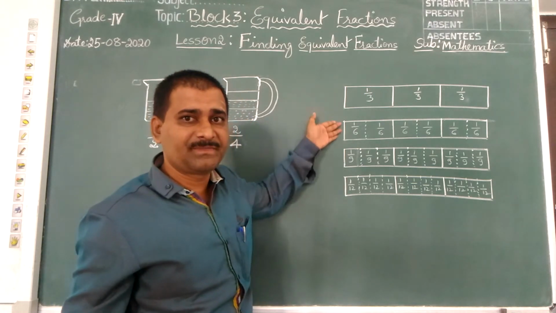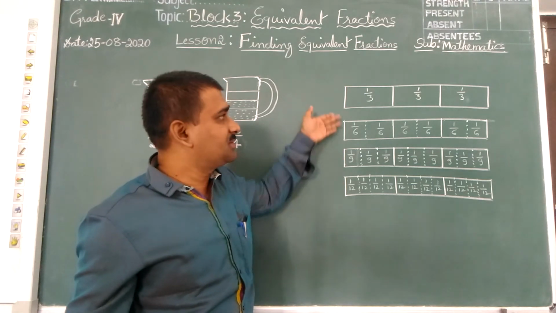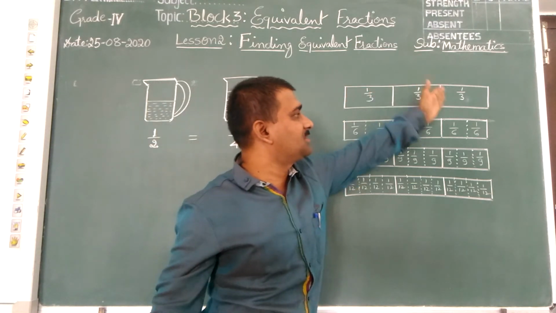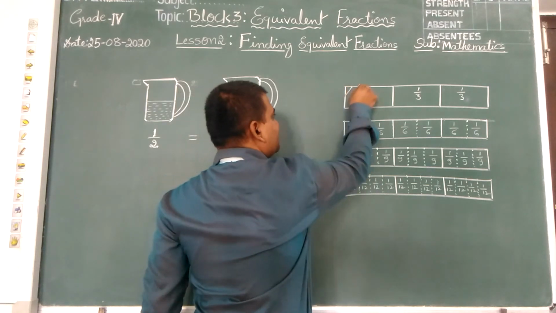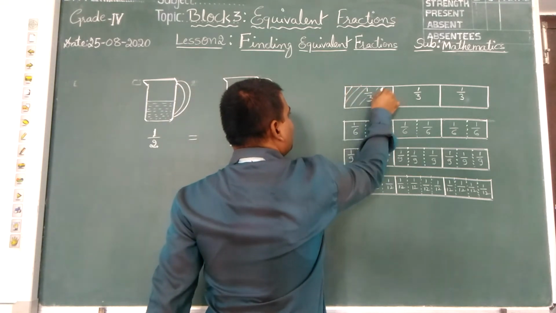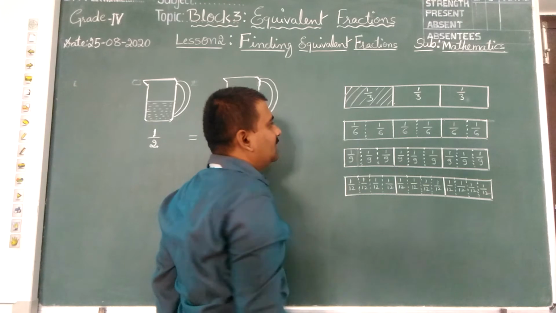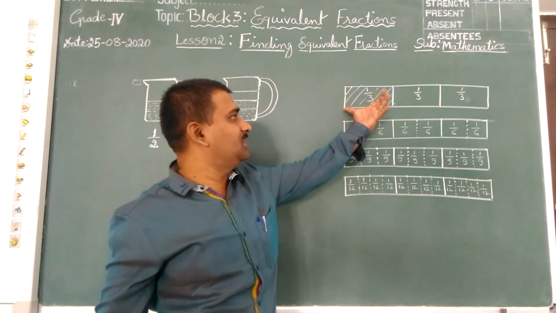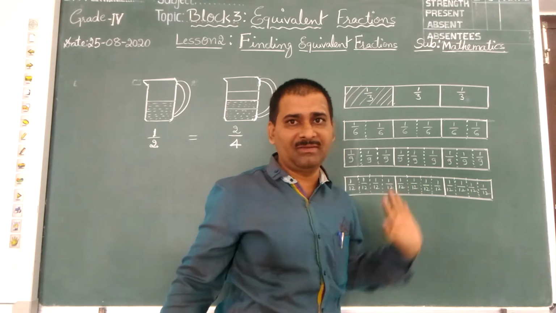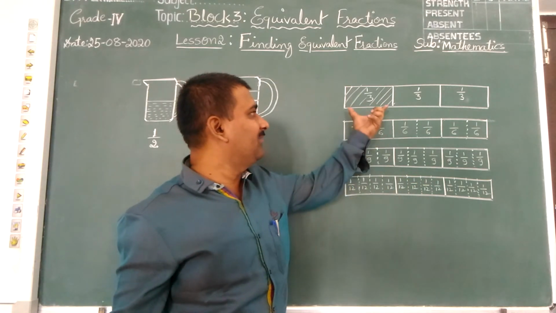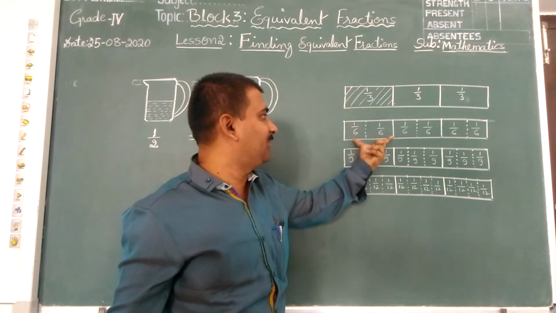The first strip is divided into 3 parts, therefore 1 by 3. This part is 1 by 3. I will speak about only this part, children. I will forget about the remaining portion. I will discuss only the 1 by 3 part.